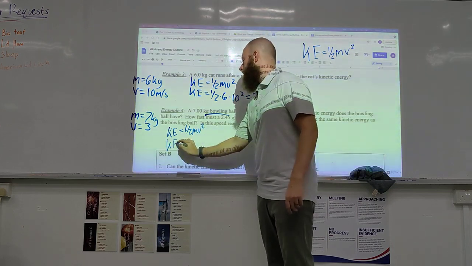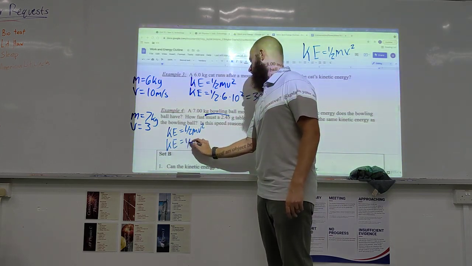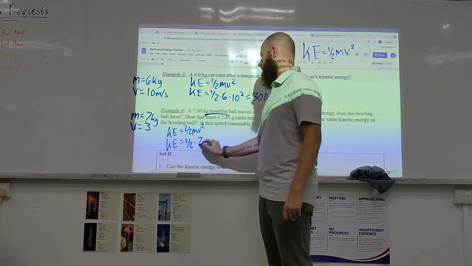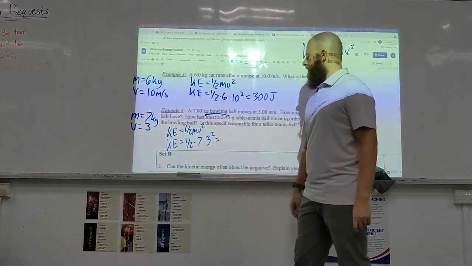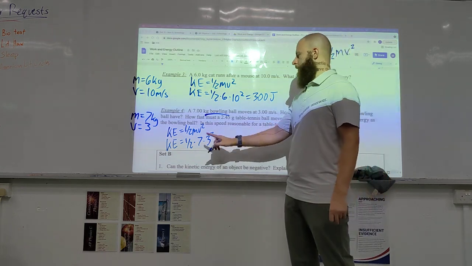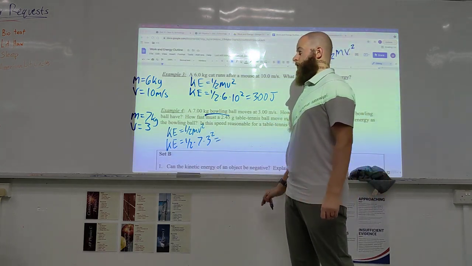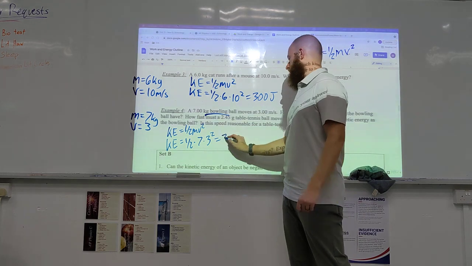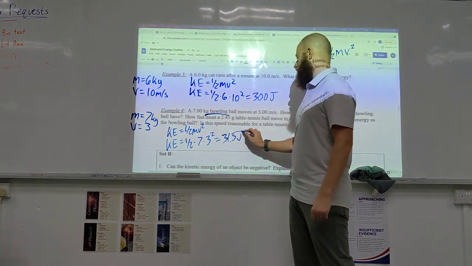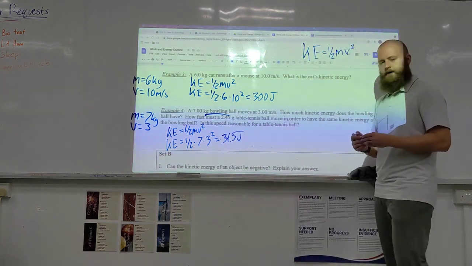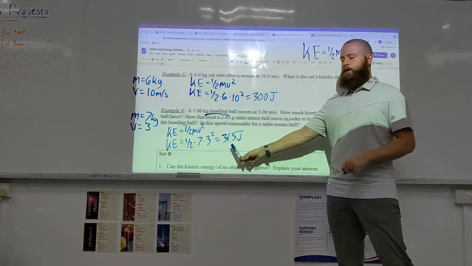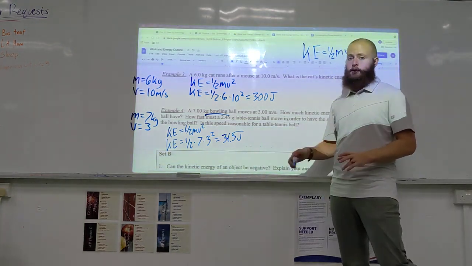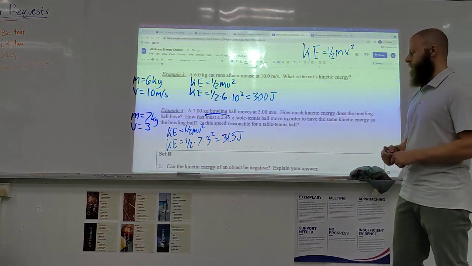So KE equals 1/2 times mass, which is 7, times 3 squared. So that will be 3.5. This will be 9. So it's 27. So this should be 31.5 joules. If I got it wrong, I'm sorry. It would be a good idea to check with your calculator just to make sure that I'm getting the correct answer here.